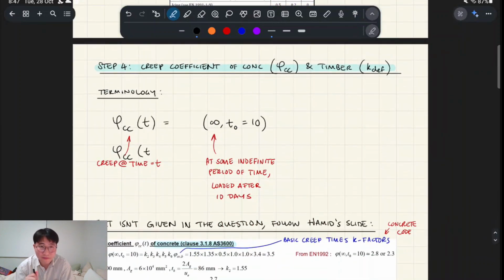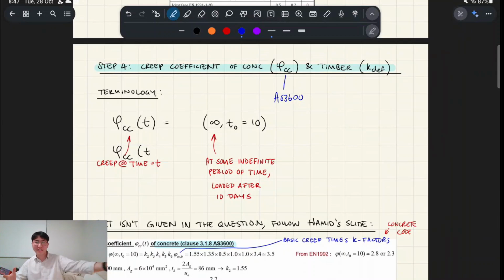Okay, next step 4, creep coefficient for concrete and timber. In the concrete code, the Australian one, the cool thing about this topic, and how new this research is, none of it's consolidated into the Australian standards, or parts of it are.